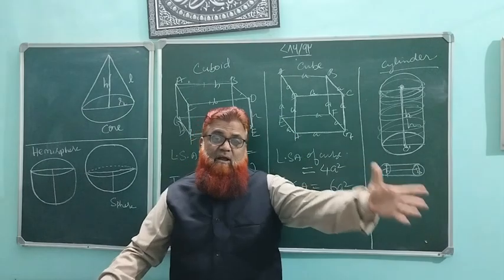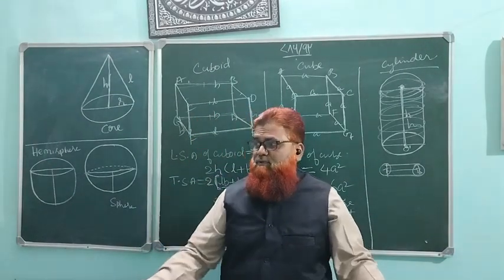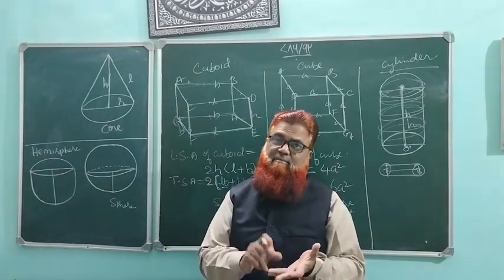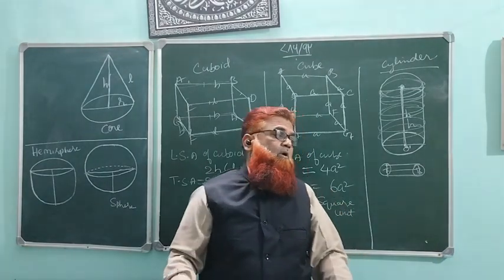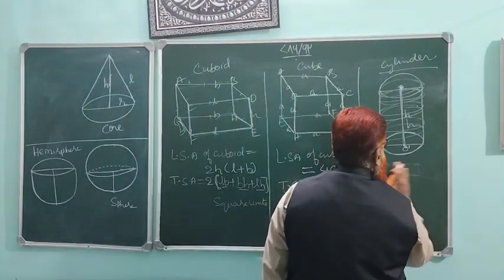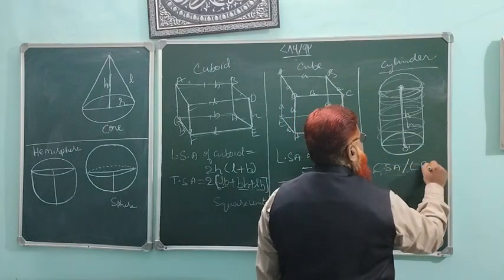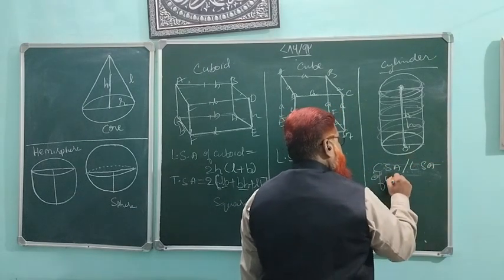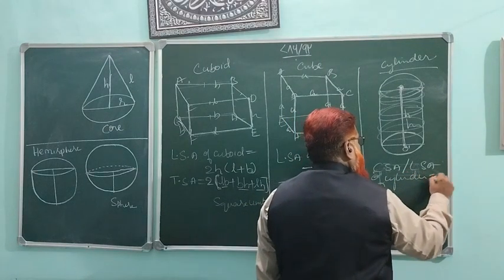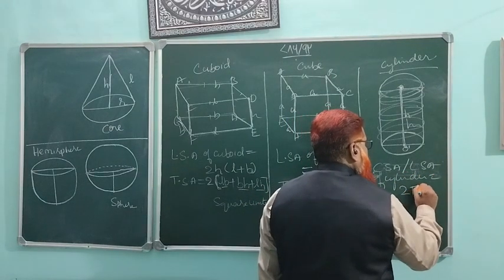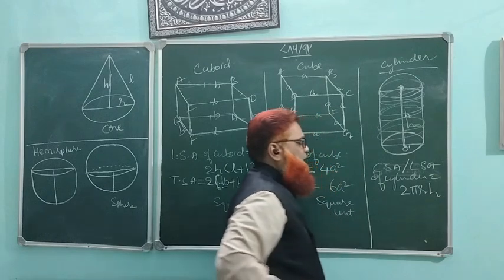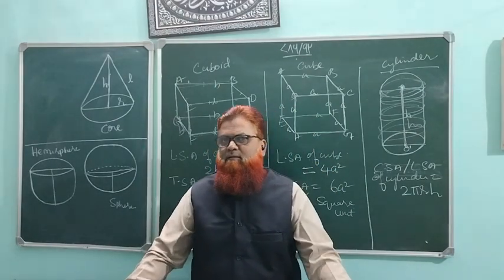As you know, children, whenever we talk of the circle, it is associated with the radius, diameter, everything. So what is the curved surface or the lateral surface area of a cylinder equal to? 2 pi r h. 2 pi r.